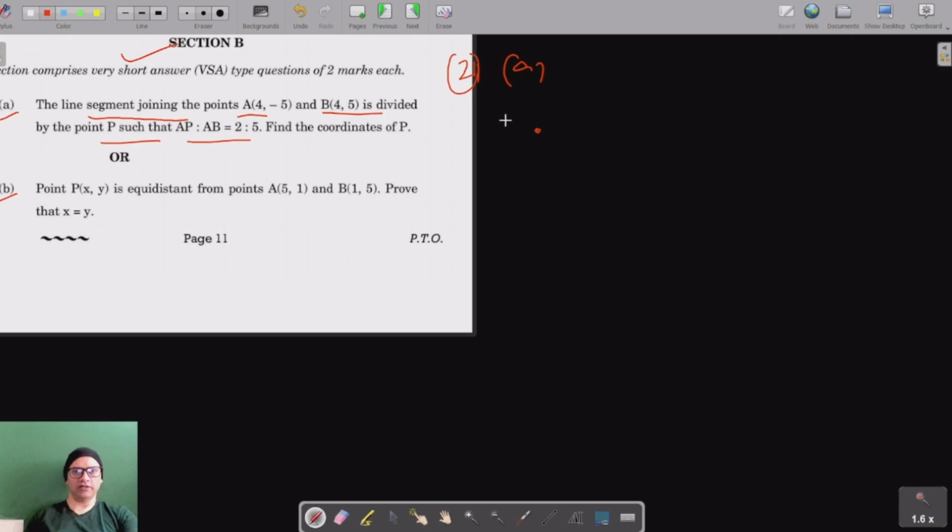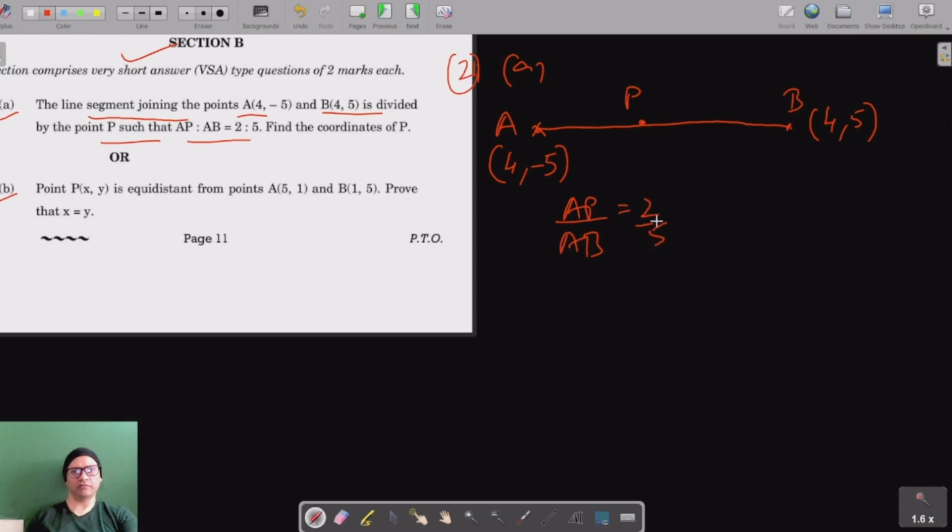So it's given that there is a line which joins the points A, which is (4, -5), and B, which is (4, 5). There is a point P such that AP is to AB is equal to 2 is to 5.